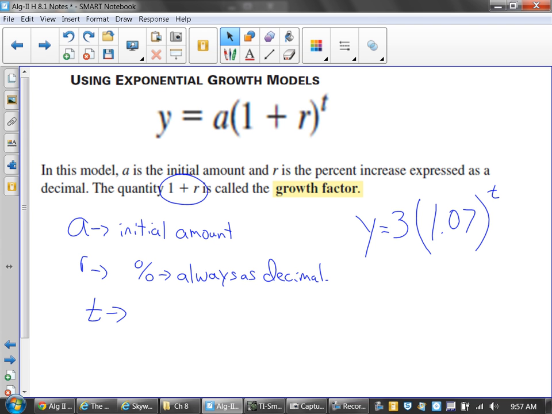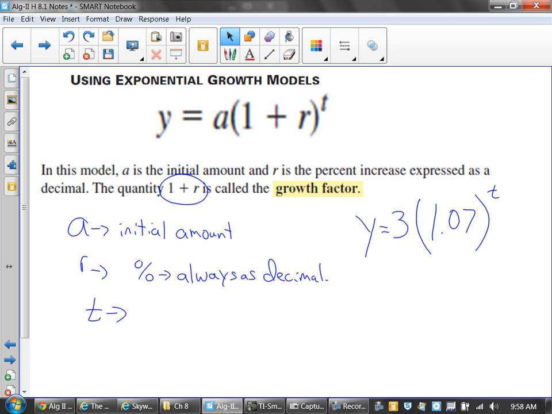What is your percent? 7%, very good. Your rate is the decimal value here, because it's 1 plus the percentage. So in this example, my percent rate would be 7%. When we do exponential decay tomorrow, it's going to be 1 minus that, so we'll just do the opposite.